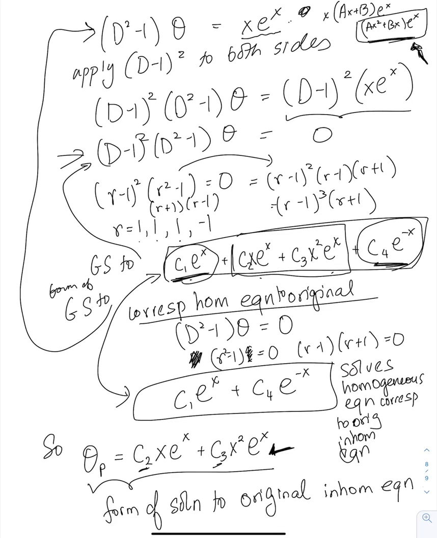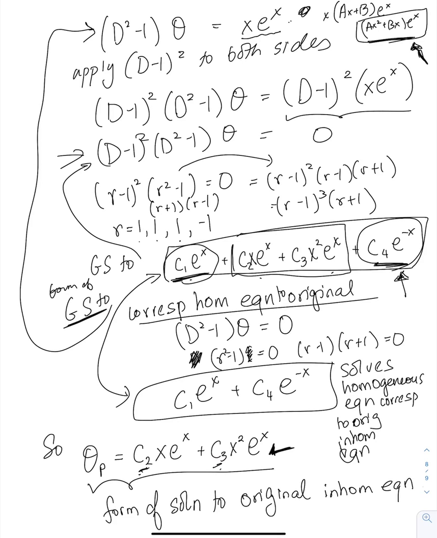And of course, once you have the form of the solution, what can you do? You can plug it into the original and find out what C2 and C3 are. Once you have C2 and C3, you can plug them back into the general solution for the inhomogeneous equation. And if you had any initial conditions, you would then have C1 and C4 as unknowns, and you would solve for them given theta of 0 is something, or theta prime of 0 is something. That is just old stuff.